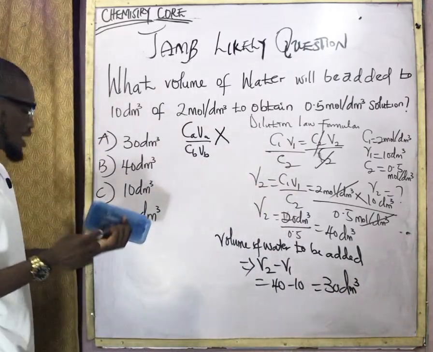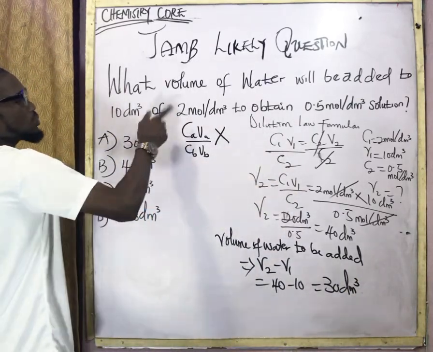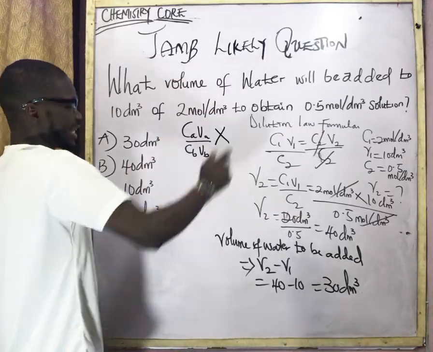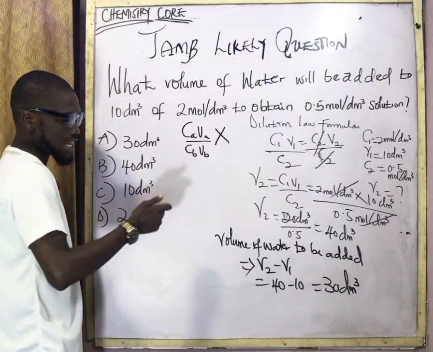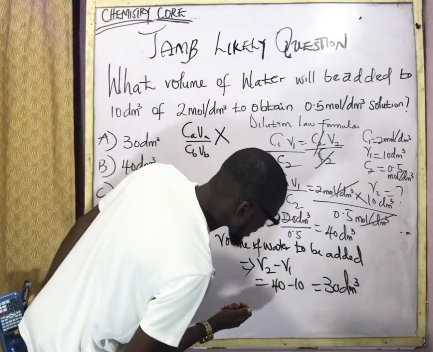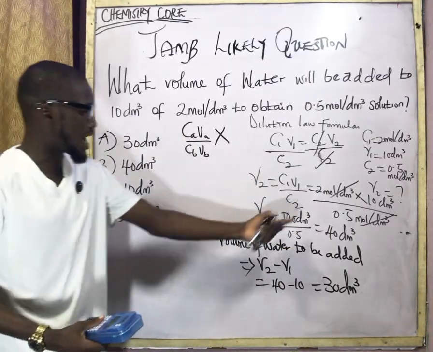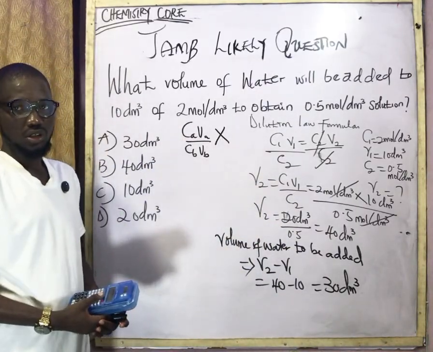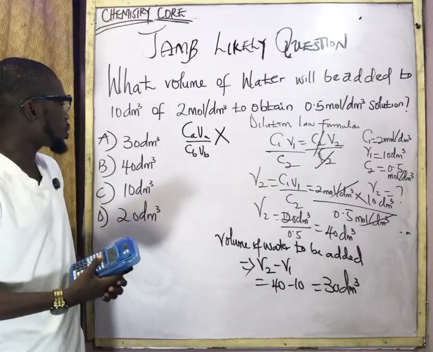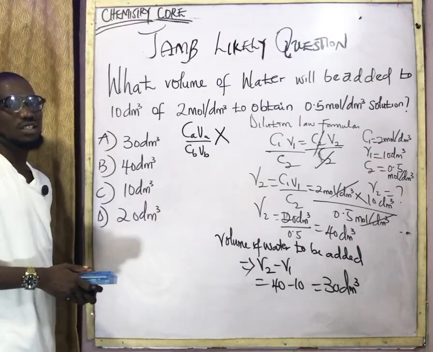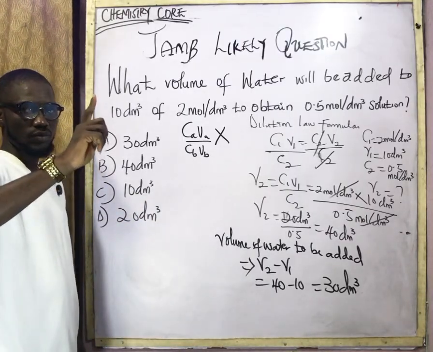So guys, let's go back to the question. What volume of water will be added? The volume of water to be added is 30 dm³. Now, we have two answers on the board, but according to the options, we are only asked to pick one.